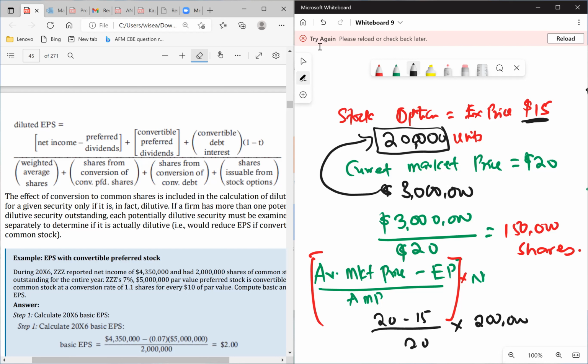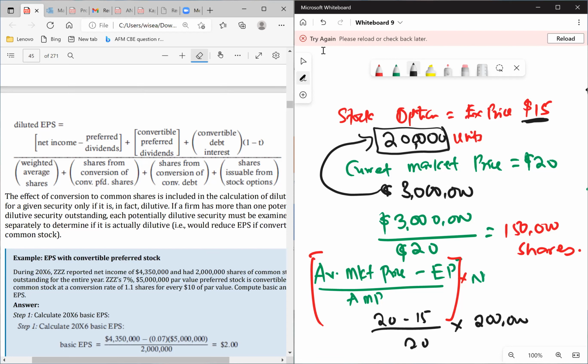Yes, Godfrey. Thank you. So if I want to clarify something there, with the shares from stock options, whenever we want to know the number that we are going to add to the denominator, we can use the formula that you've put in the red bracket.